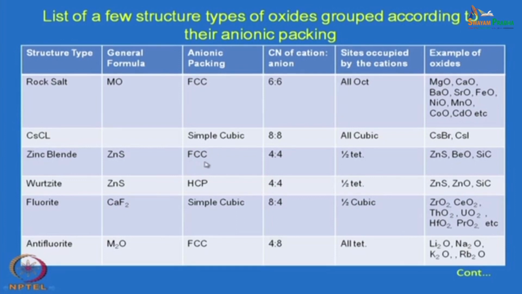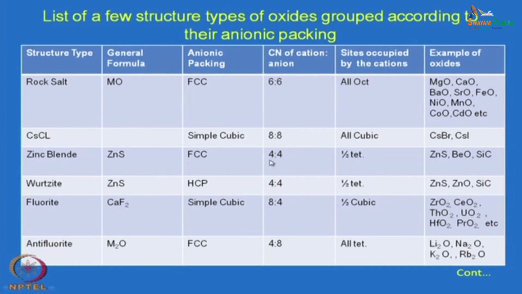The packing in one case, or the symmetry in one case, is face centered cubic. It is also a close packed structure, as is HCP. Both HCP and FCC have close packed structures, but one polymorph has a face centered cubic structure, the other has a hexagonal structure. Otherwise, they are all the same.